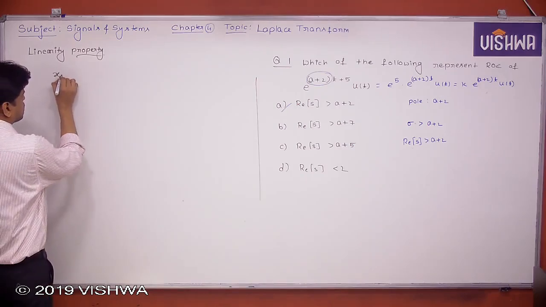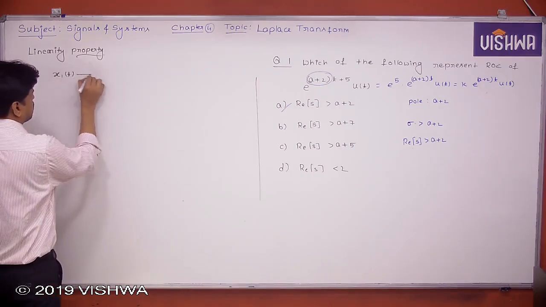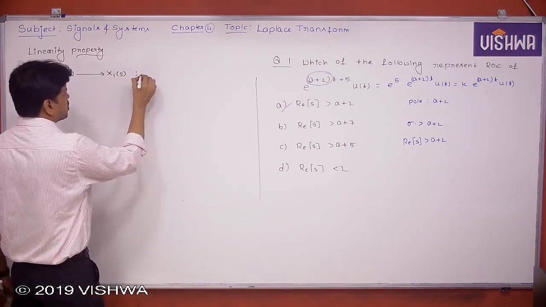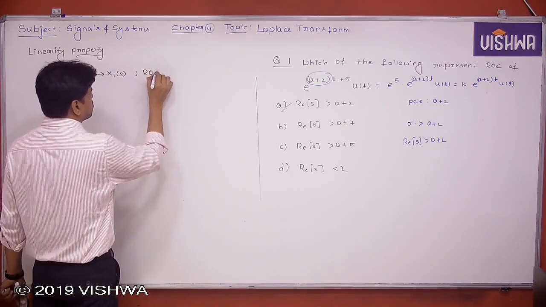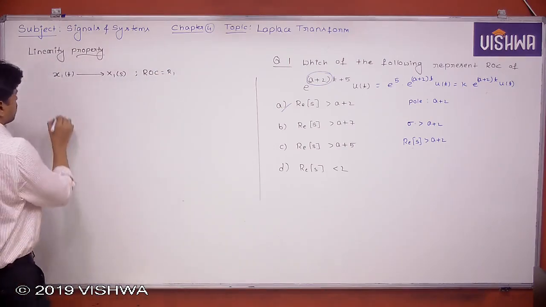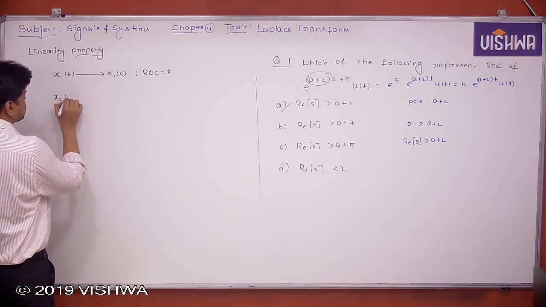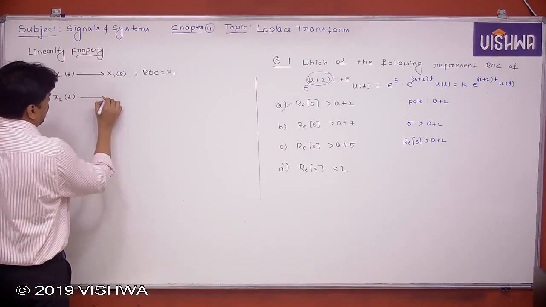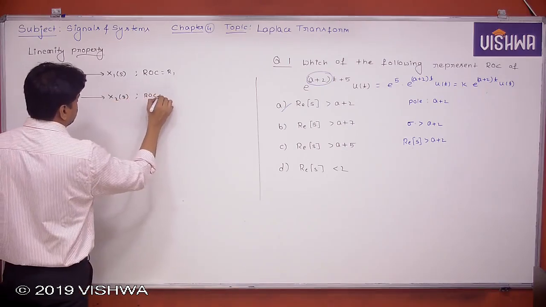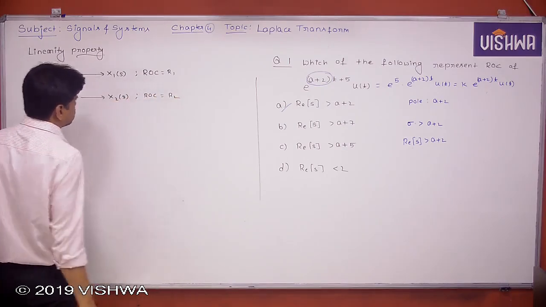Suppose a signal x1 of t has Laplace transform x1 of s with ROC equal to R1, and another signal x2 of t has Laplace transform x2 of s with ROC equal to R2.